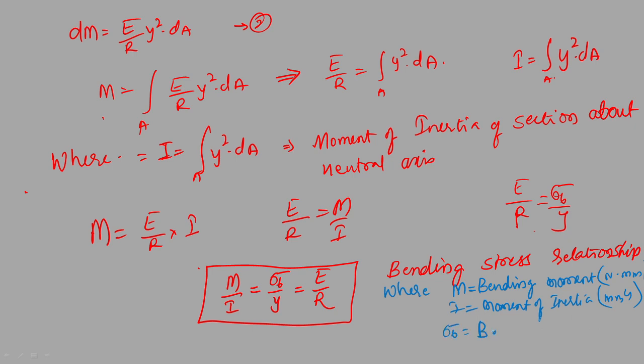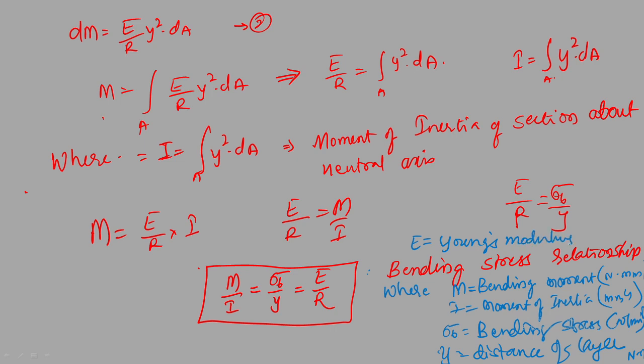Sigma b is the bending stress, in Newton per mm square. y is the distance of the layer from the neutral axis. E is Young's modulus, in Newton per mm square, and R is the radius of curvature.